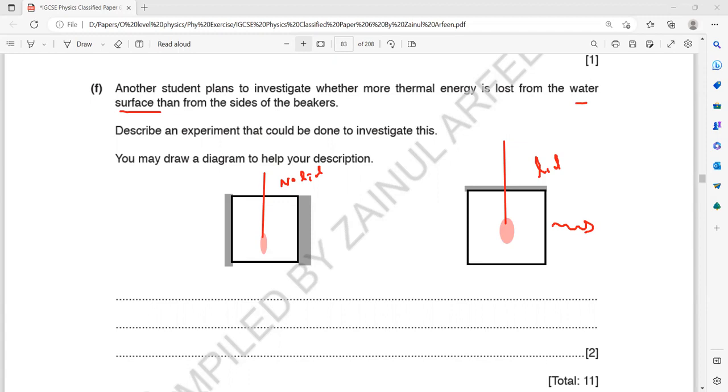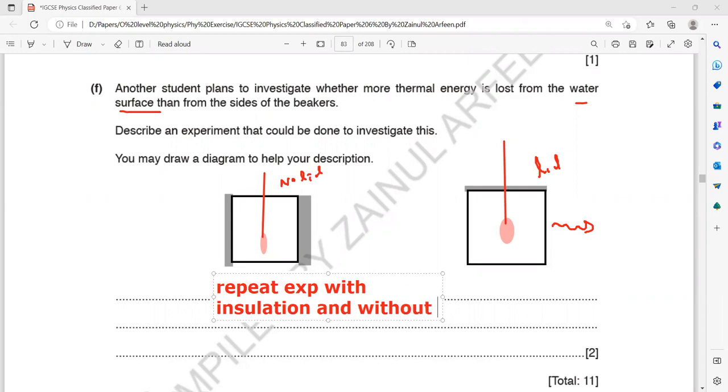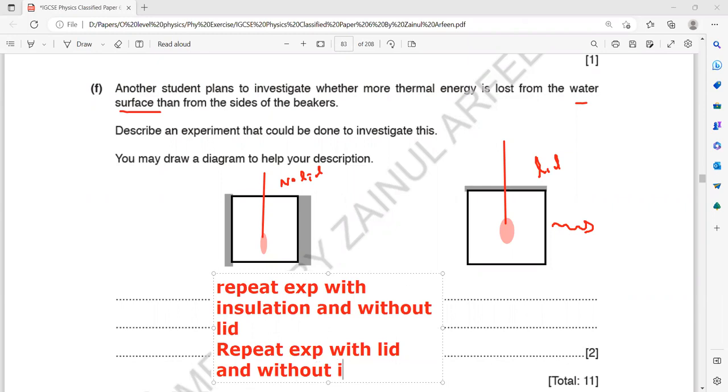Because if I want to investigate which one affects the rate of cooling more, the surface or the walls, I should repeat this experiment with insulation and without a lid, and then do the experiment with a lid and without insulation.